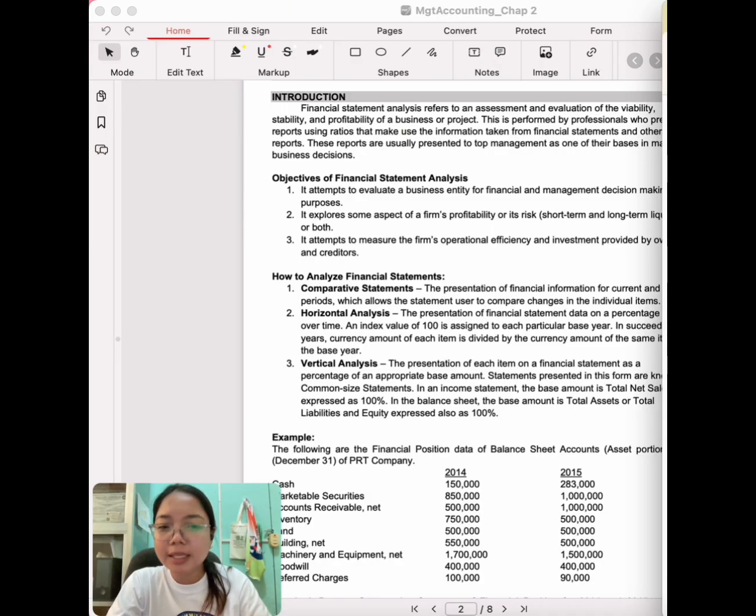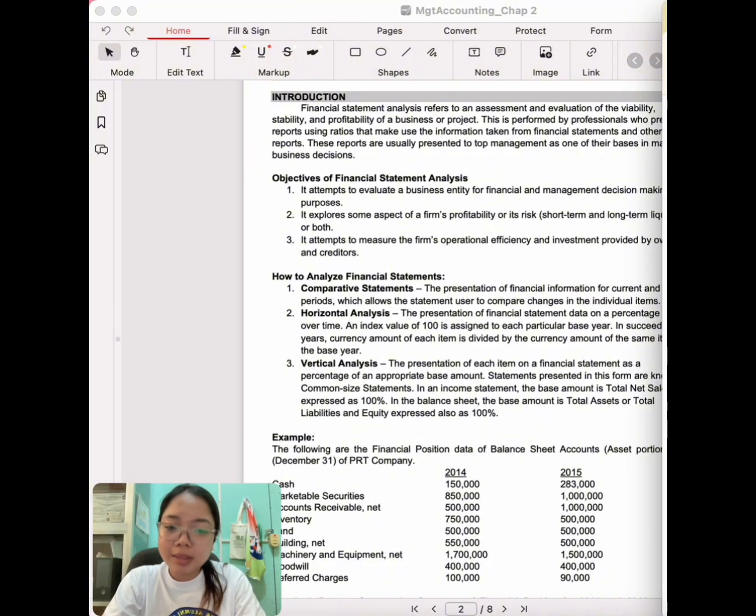So, financial statement analysis helps us evaluate a business entity for financial and management decision making purposes. So, para sa mga managers, the information can help them decide whether they should expand, they should reduce their expenses, or do they need to borrow money or manghiram ng pera? Do they need to invest in assets or change their business strategies?